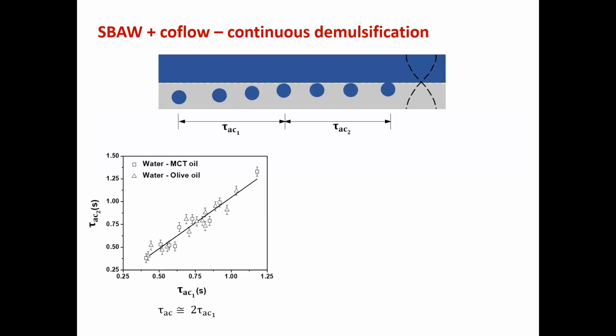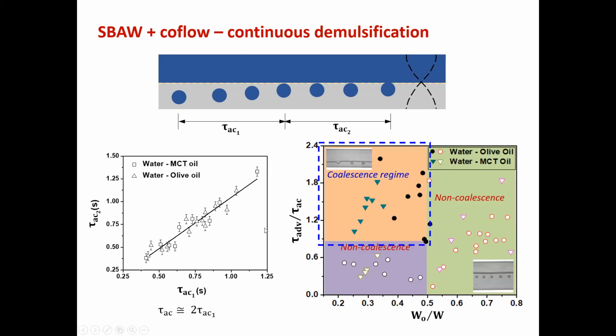We found from experiment that the acoustic timescale and the thin film drainage timescale are of the same order. That helped us understand the requirement in terms of the stream width ratio and the timescale ratio, where one could achieve coalescence and thus demulsify such systems.